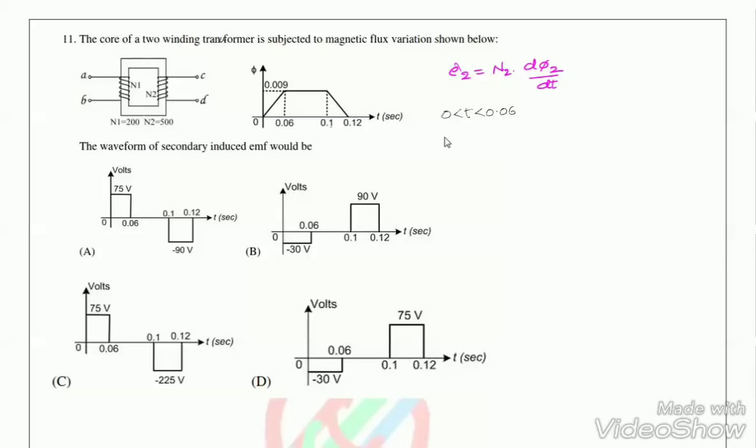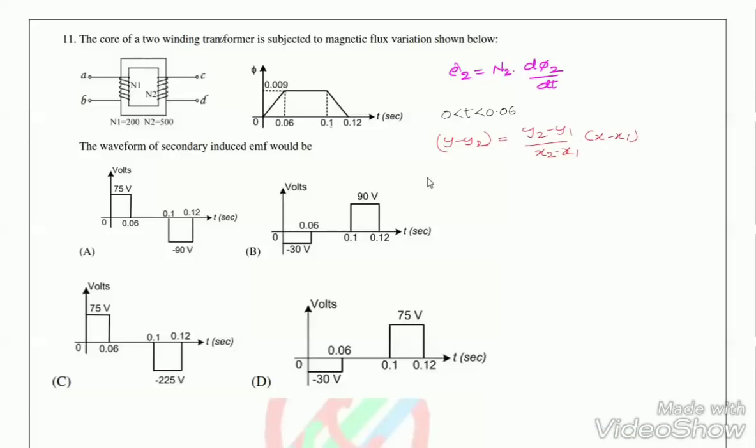During this interval we will write the slope equation: y minus y1 is equal to (y2 minus y1) divided by (x2 minus x1) into (x minus x1).